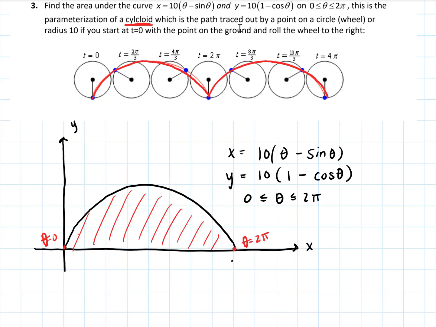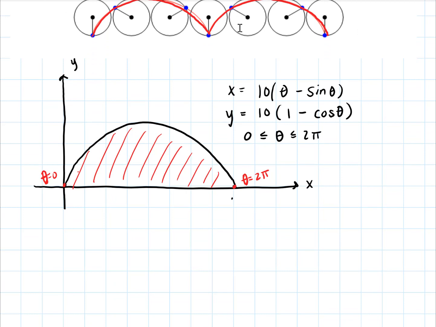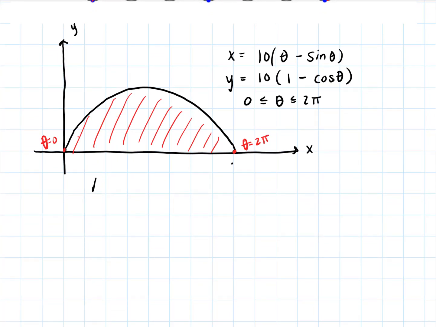So if I want that area, let's just suppose that had been an explicitly defined function. Well, we would think of, okay, that area, if it had been defined explicitly, would be the integral from x equals a to x equals b of y dx.